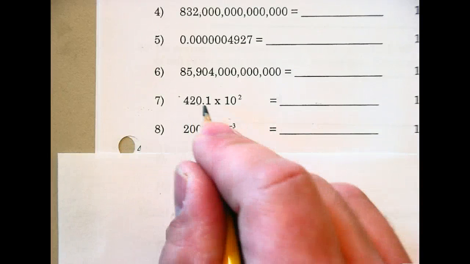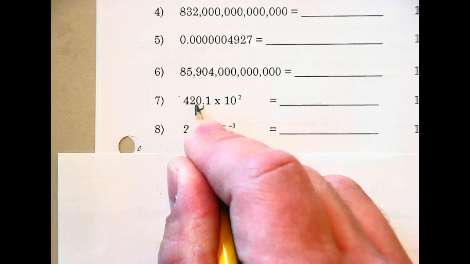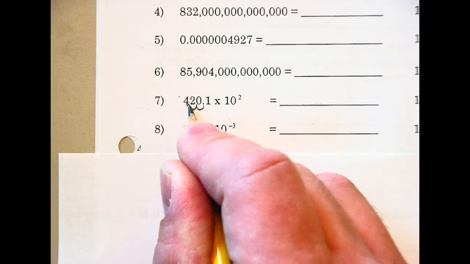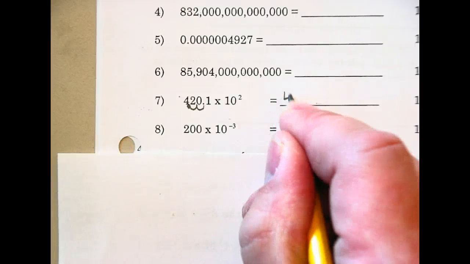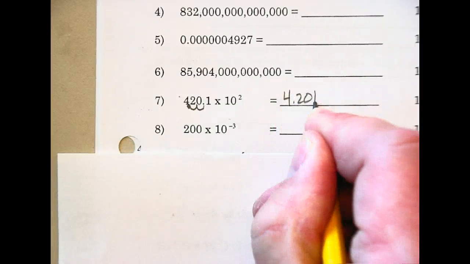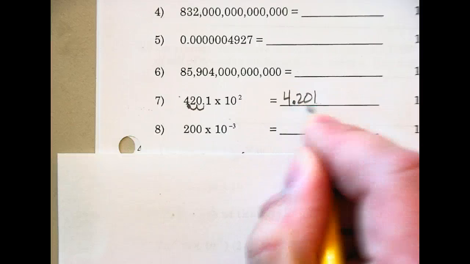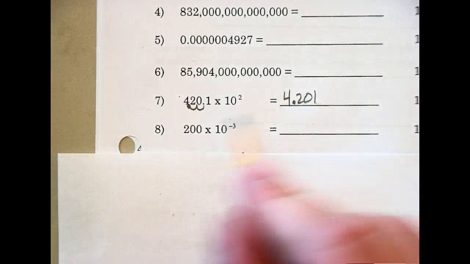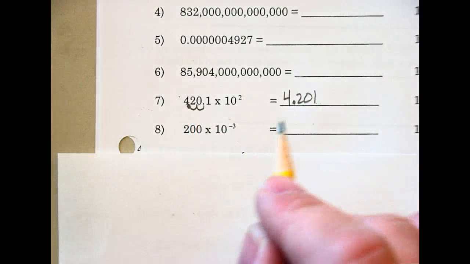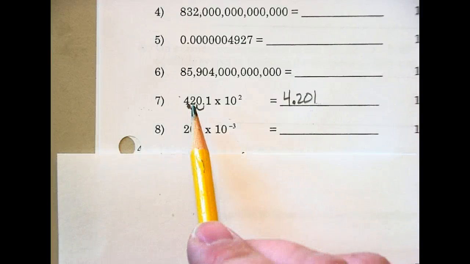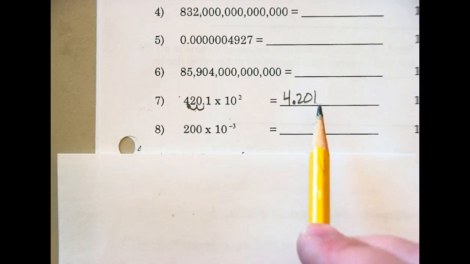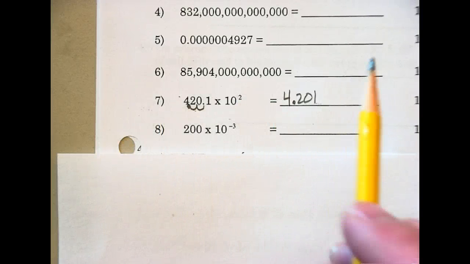So we've got to move this, and this is why I was telling you guys earlier, think about what's happening with the number. So you went from 420 to now 4.201, right? So that part's now in the correct position. Did it get bigger or smaller? Come on, everyone. From 420 to 4.201, did the number get bigger or smaller?